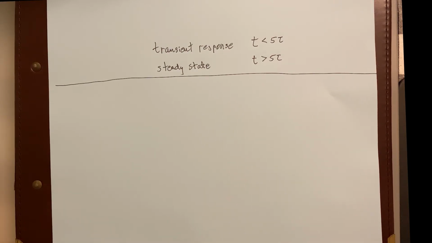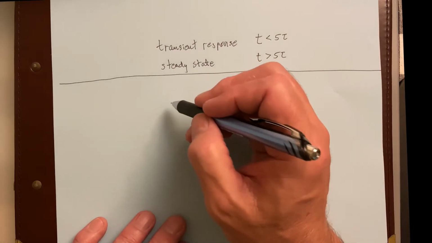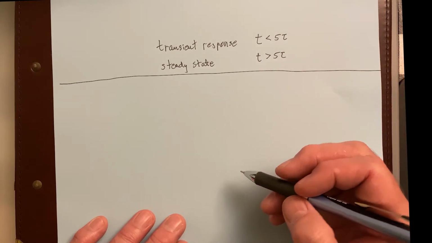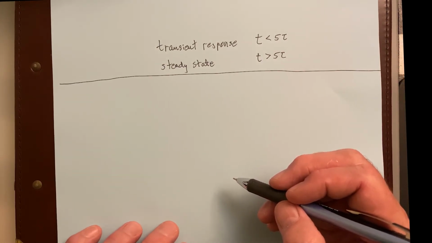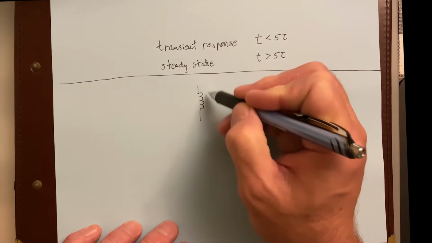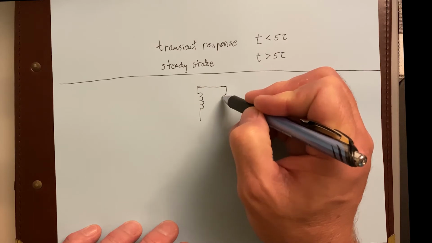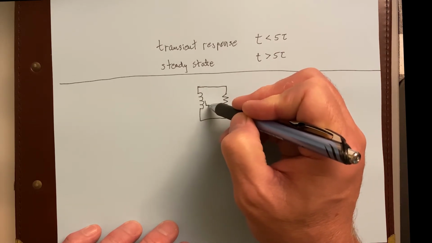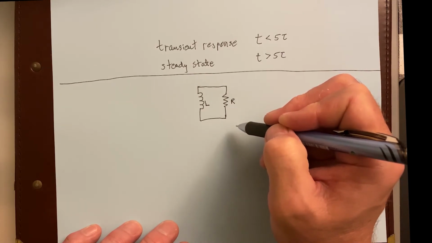So let's say that now you have an RC circuit. I'm sorry, an RL circuit. Let's say that you have an RL circuit and you need to solve it. Well, the only type of circuit that you can solve at this point is one where you have an inductor and a resistor. So you've got an inductor and you've got a resistor here.